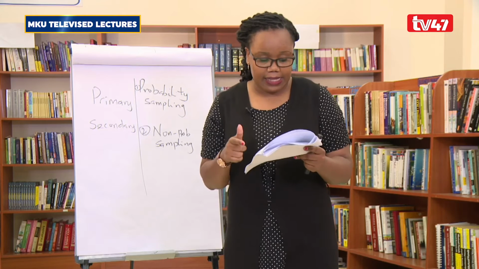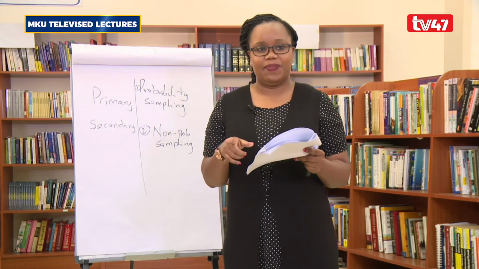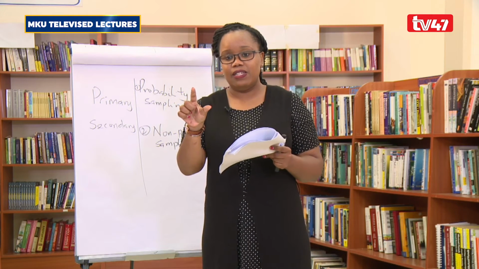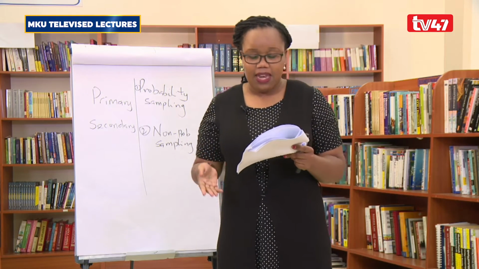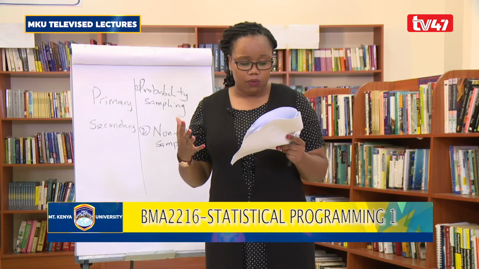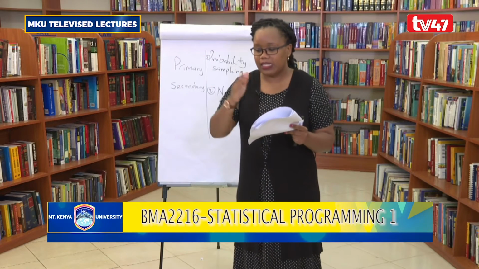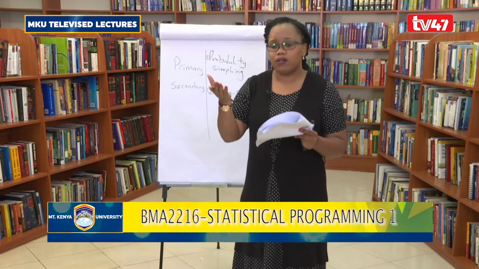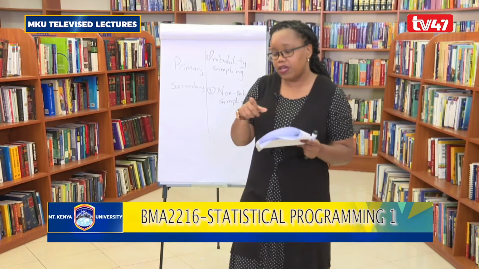Next is what we are calling stratified random sampling. Remember, randomness is still there to make sure that we deal with bias. With stratified, we have different groups that are in strata. A good example: our country right now has how many counties? Yes, you got it right, 47.